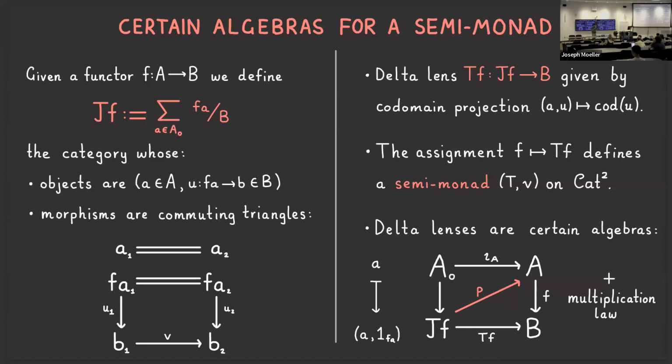And so one can unpack this structure and see that it contains the same data as the delta lens that I showed you a couple of slides before.